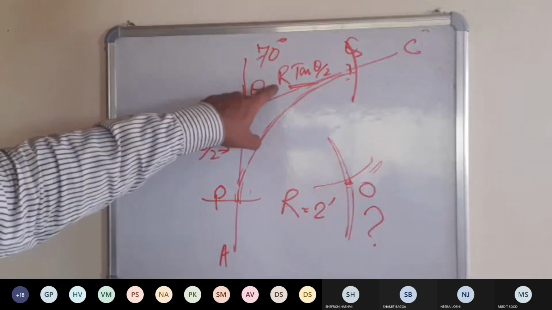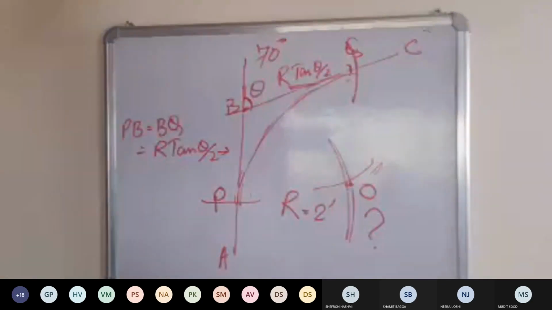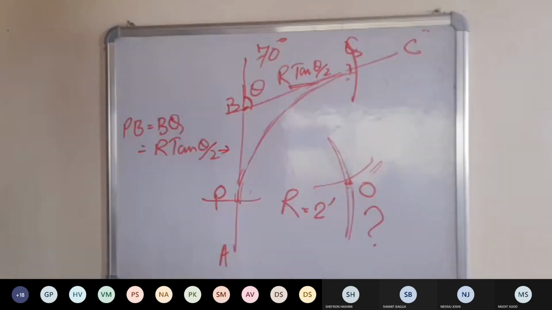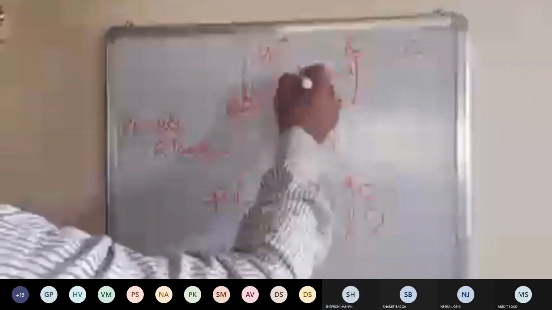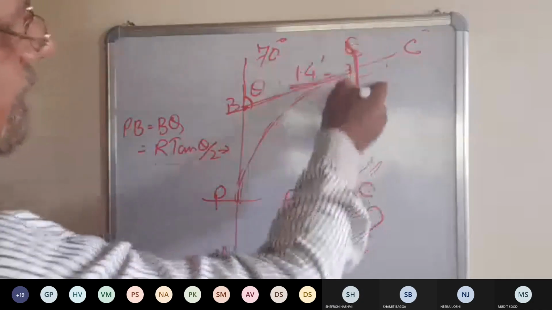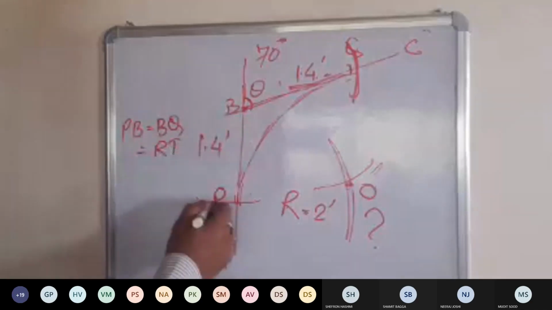Then what is the value of r tan theta by 2? Tan 35 degrees multiplied by 2. Calculate and tell me quickly. 1.40. 1.40 miles. So we cut a distance equal to 1.40 miles here, and here also we cut a distance of 1.4 miles.